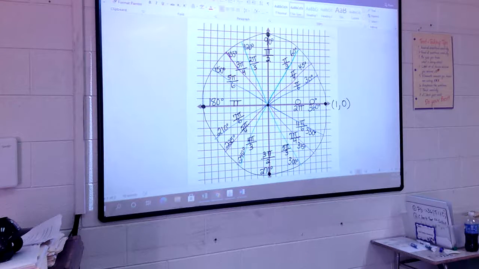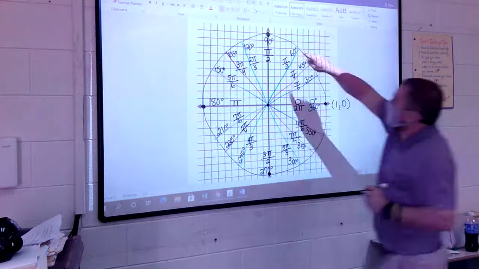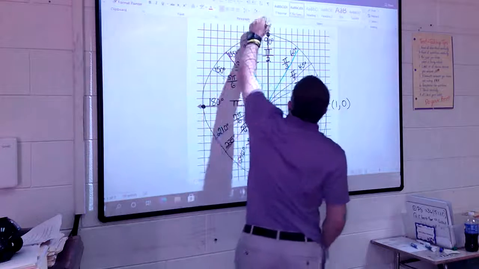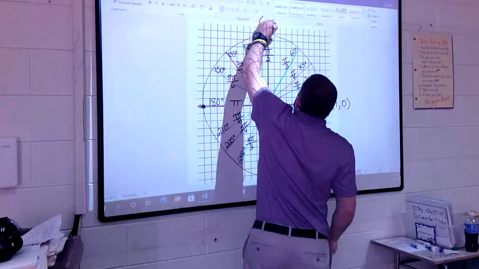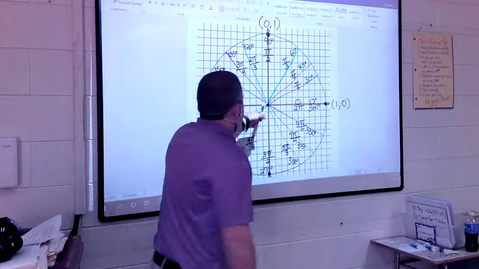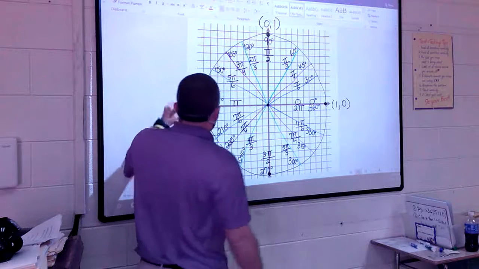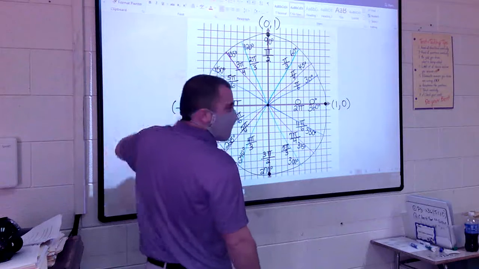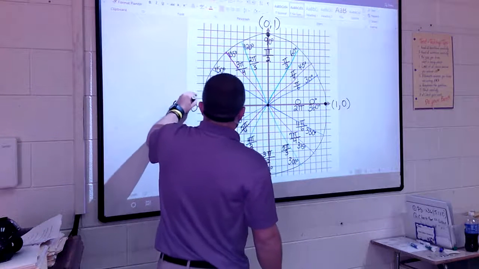So that's like moving 1 to the right. If you're over there, you're at the point 1, 0. If you're up here, your x value, left and right, is 0. Your y value is 1. Right? If you're over here all the way to the left, your x value is -1. Your y value up and down is 0.